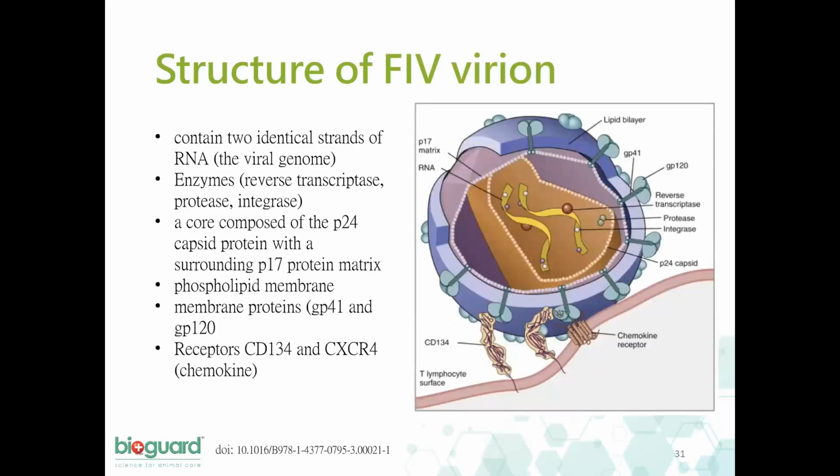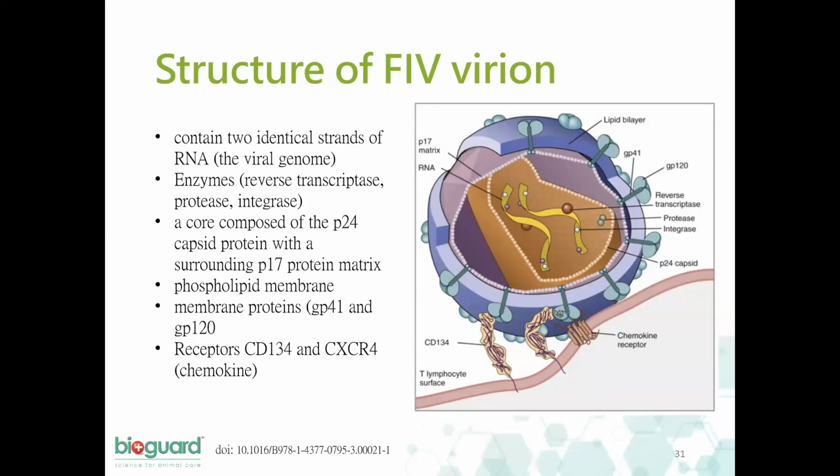So the structure of the FIV virion. An FIV virion is shown adjacent to the surface of a CD4 plus T cell. Lentivirus contains 2 identical strands of RNA, the viral genome, and associated enzymes, which include reverse transcriptase, integrase, and protease, packaged into a core composed of the p24 capsid protein with the surrounding p17 protein matrix, all enclosed by a phospholipid membrane envelope that is derived from the host cell.